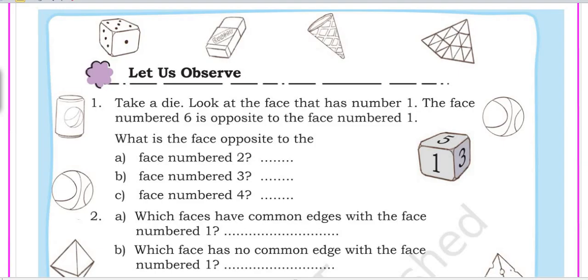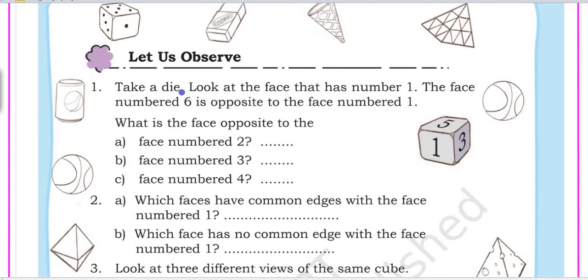Let us observe. We can take a die and look at the face that has the number 1. The face with number 6 is opposite to the face with number 1. This face has number 1, so the opposite face will definitely be 6.